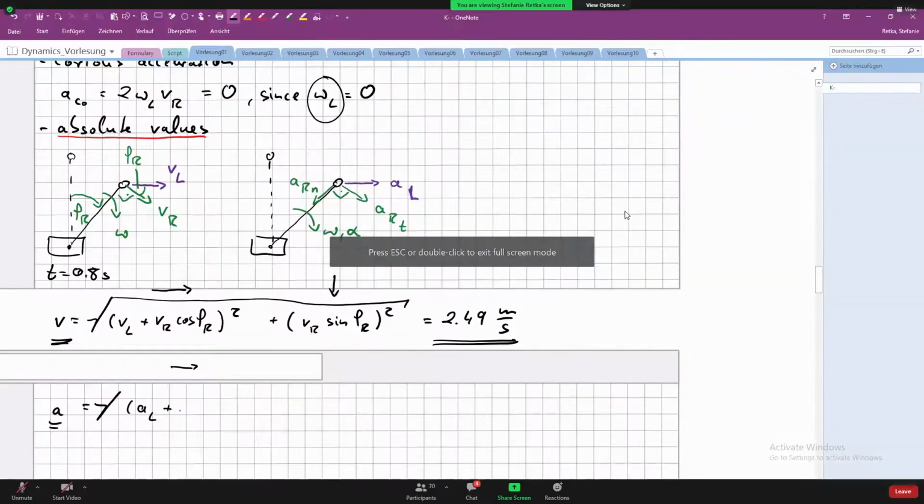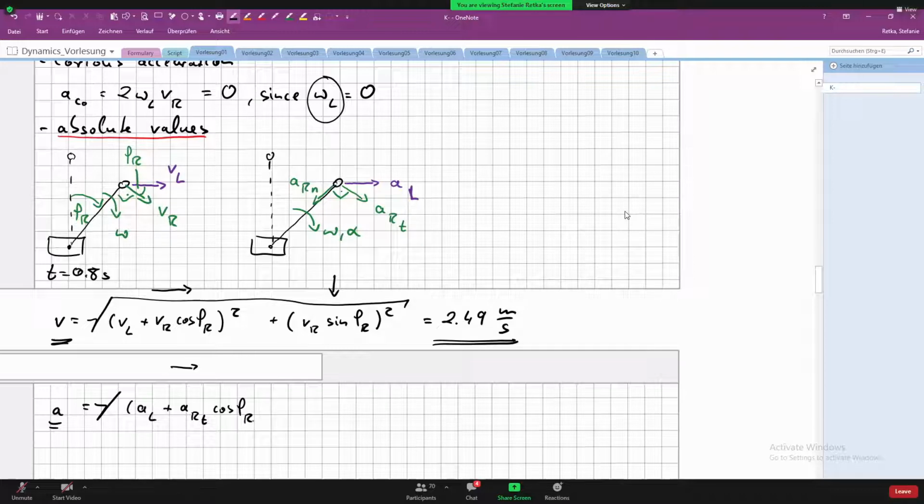So it's positive plus AR tangential cosine phi r. Maybe for the ones who still have trouble finding the angles, I will include them, but you probably should be used to that from statics as well. But here they are.